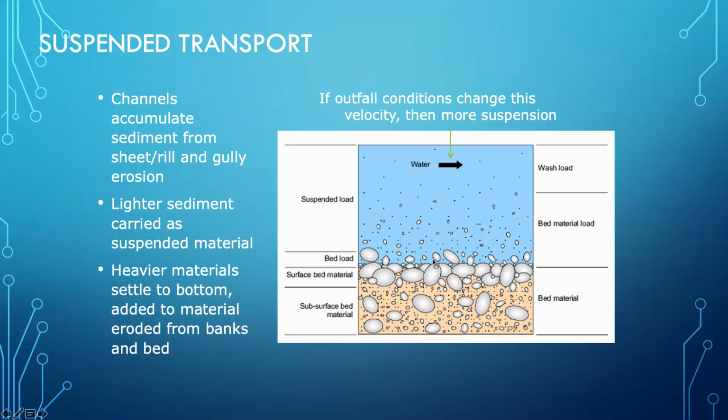So these particles, if you will, are still moving along. They're bouncing along and rolling and sliding. And then there's a portion where the bed itself is relatively stable. It's labeled here as a surface bed material, and then there's the substrate. And actually, you'll notice in the diagram, the grading between the surface bed and the substrate is quite a bit different, and that's actually observable in nature.